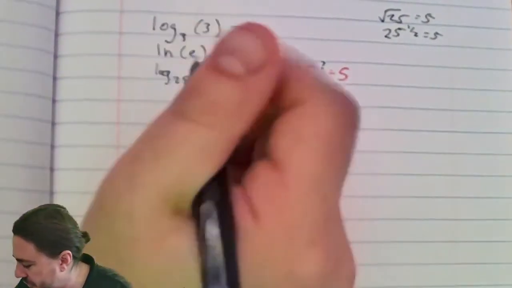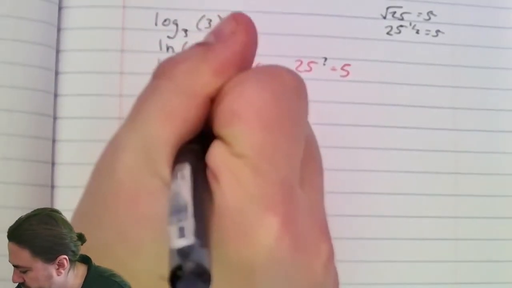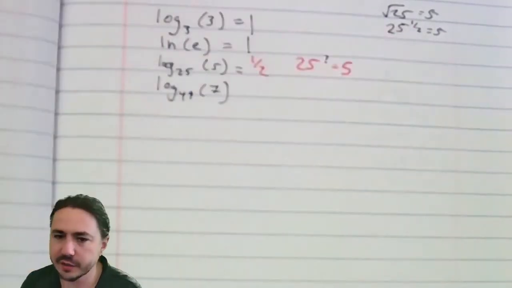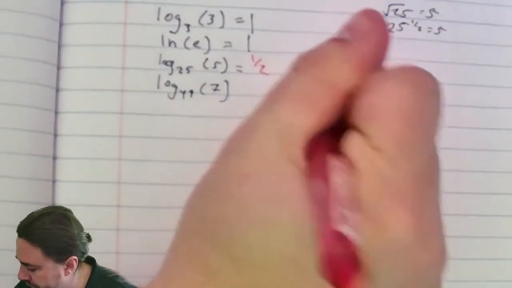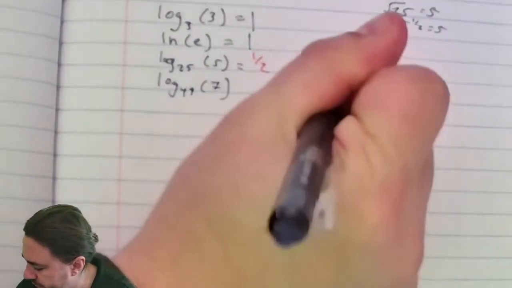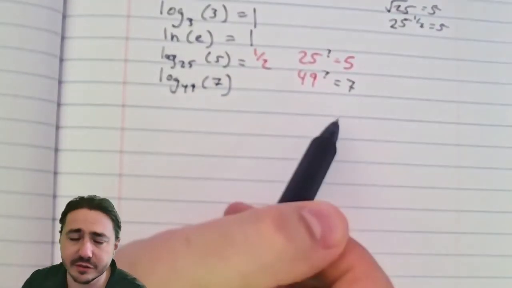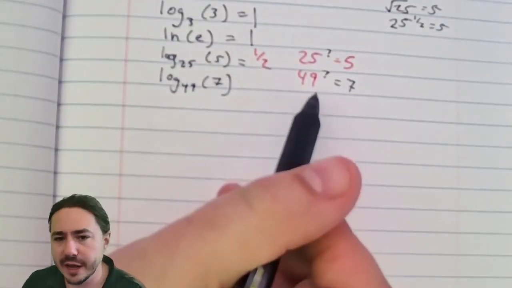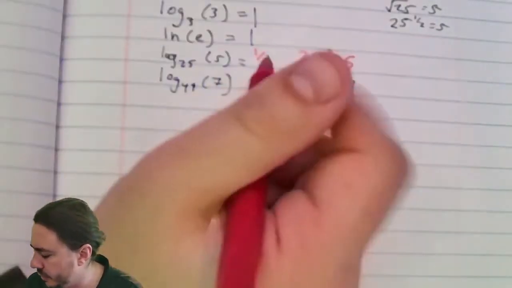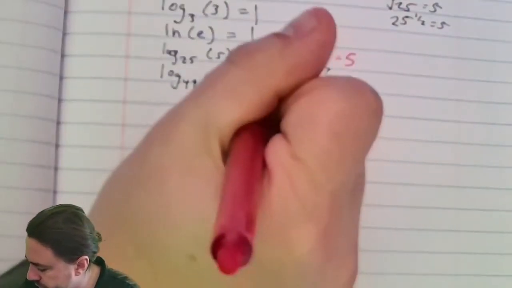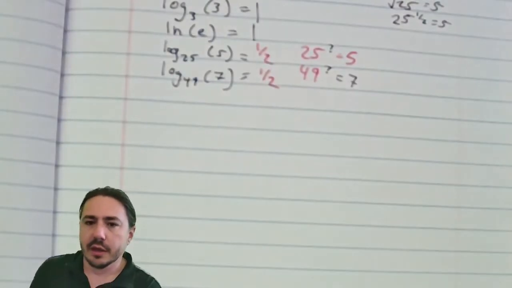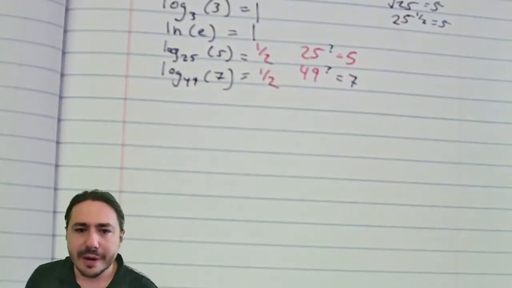So similarly, let's say you had log base 49 of 7, a very similar problem here. If the question is 49 to what power is 7, well, since 7 squared is 49, 49 to the 1/2 power must be 7. It can get a little trickier, but not much.